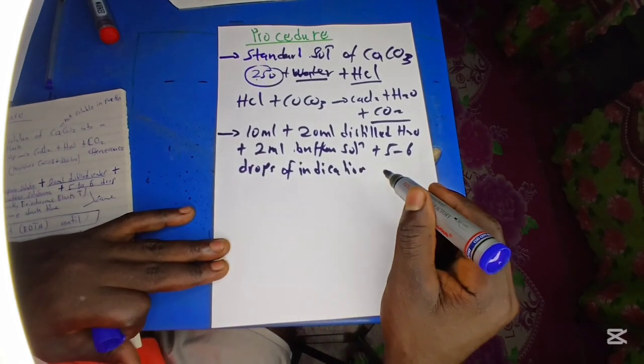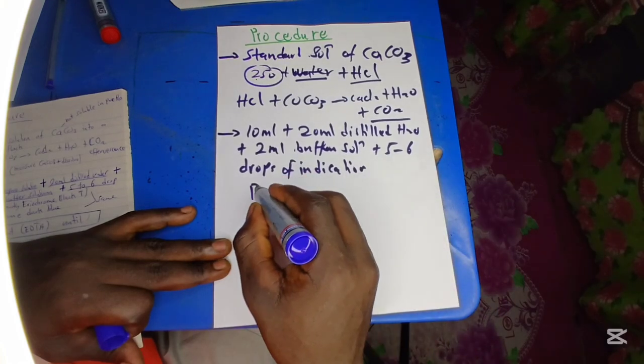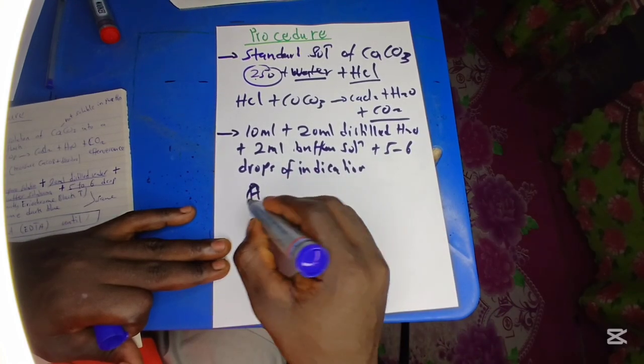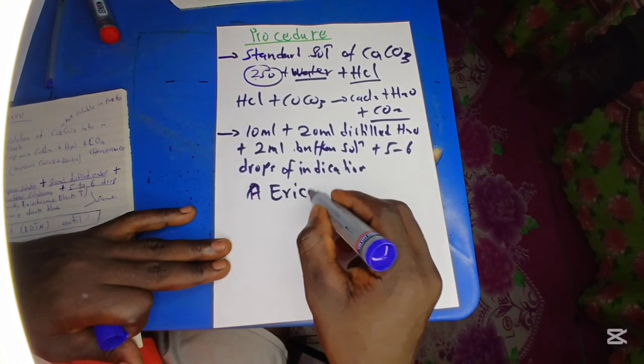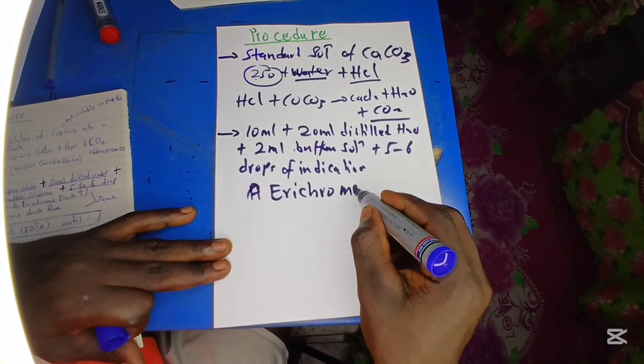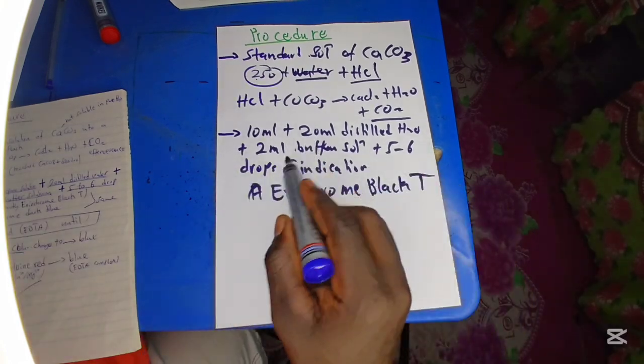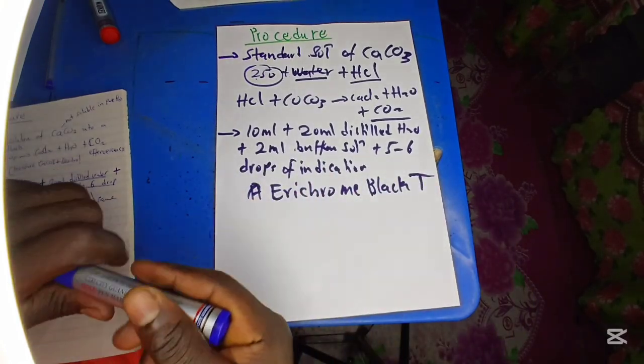Here the indicator that we are using is Eriochrome Black T.